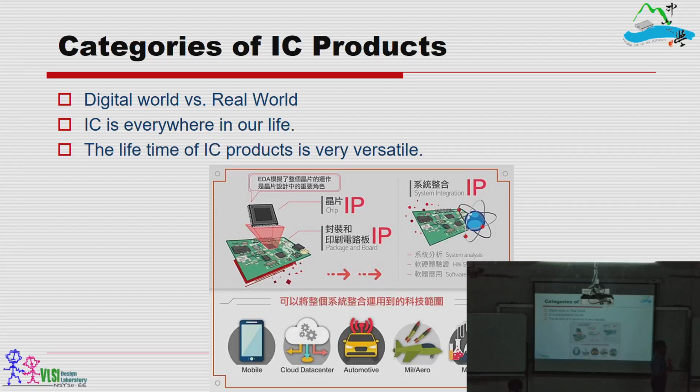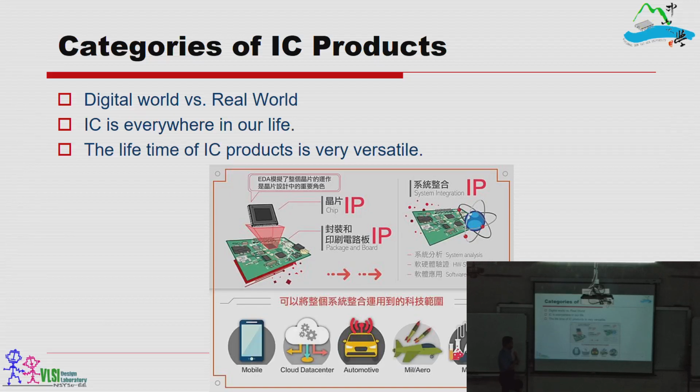But ICs in your power plant are expected to operate at least 10 or maybe 20 years. And ICs used in a satellite or space shuttle are expected to run over 30 years. So different lifespans require different reliability. It's so versatile.